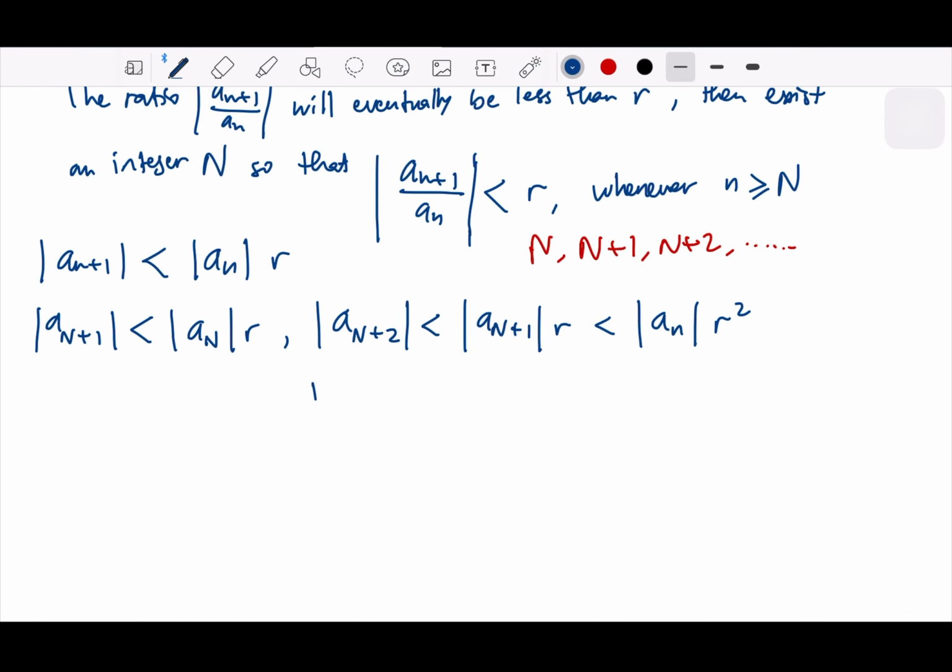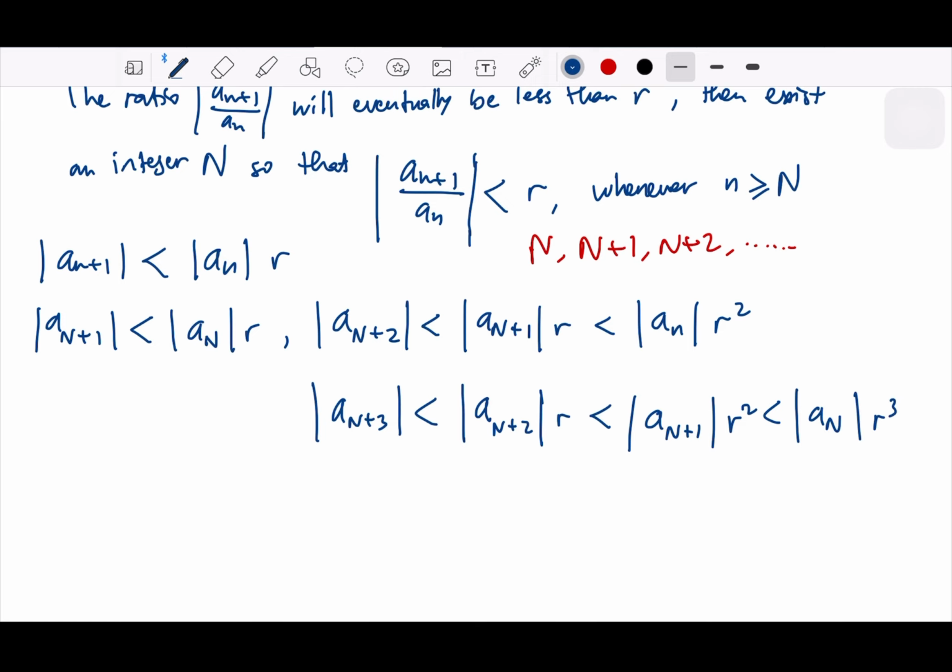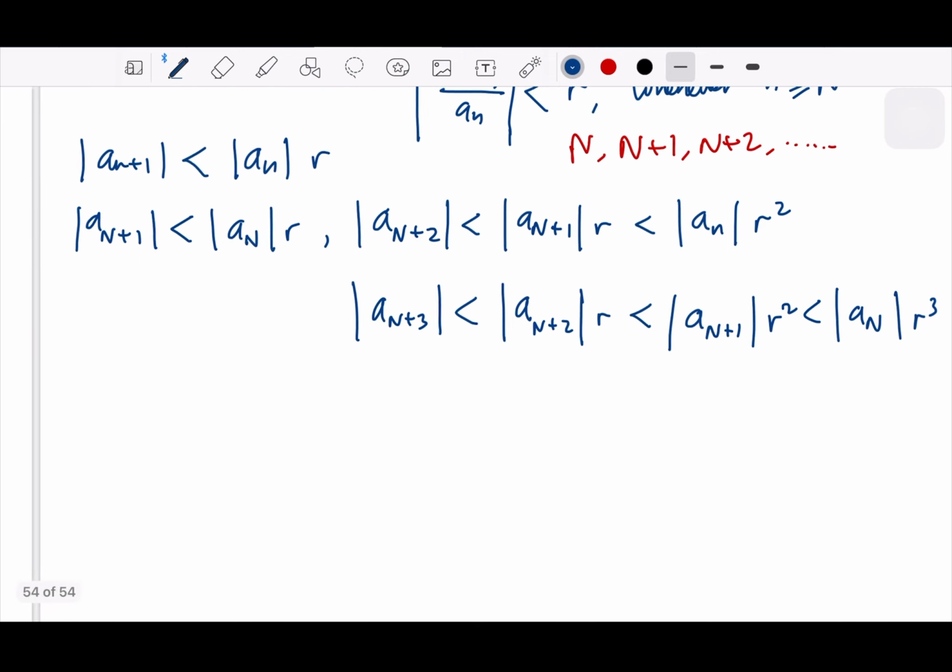And if you have a_{N+3}, we can set this up to be a_{N+2} times R, then a_{N+1} times R squared, and R cubed.